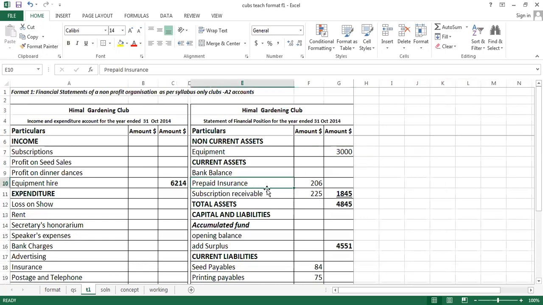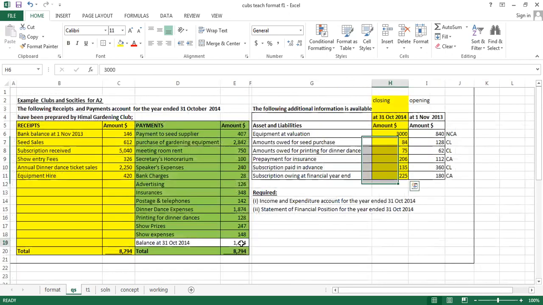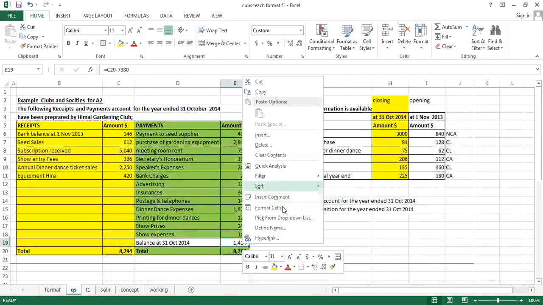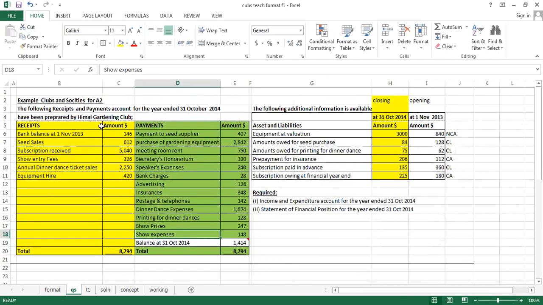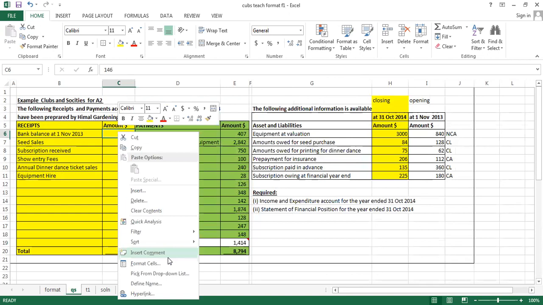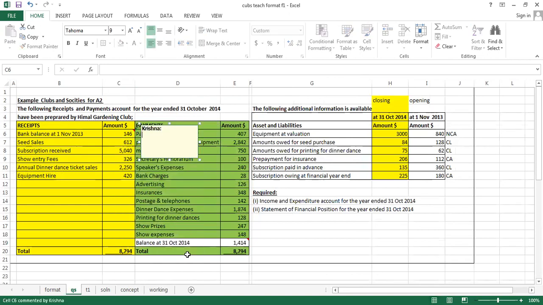Current assets, we have prepaid insurance, subscription receivables, but here the bank balance is still pending. So bank balance, this is your closing bank balance, which you have to look up in the question here. Remember, this is your closing bank balance under the receipt and payment account, while this up here is the opening bank balance.